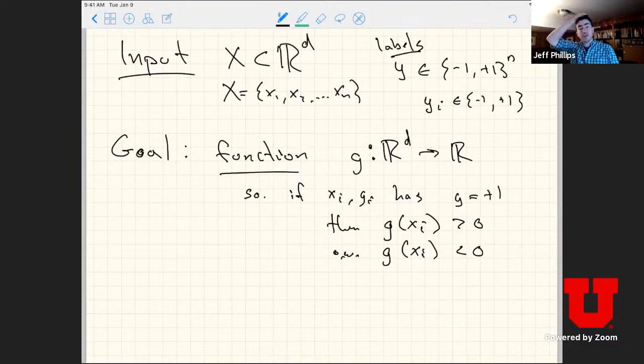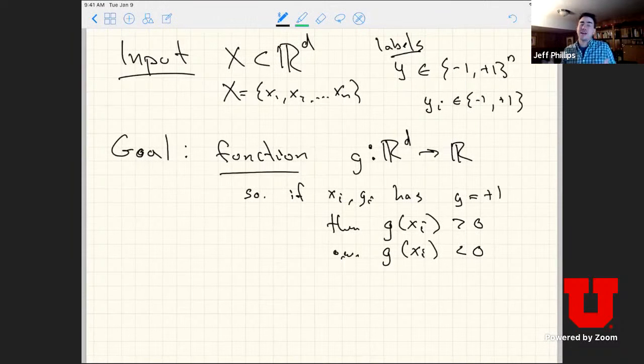So we're going to build this function, and if the label associated with an x value is positive, then we want our g function to be positive, and if the label associated with the x value is -1, then we want the g function to be negative. It can be -742.